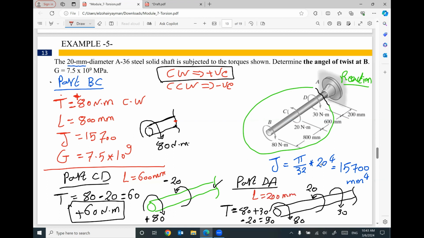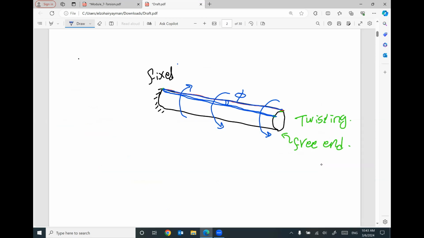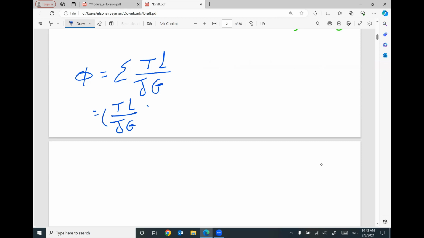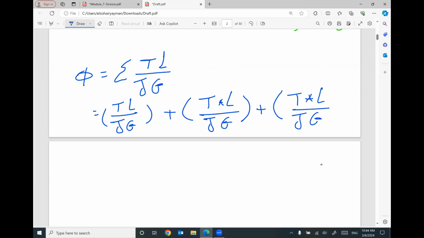We are looking for the angle of twist at the free end B. Keep in your mind, the angle of twist phi will equal the summation of torque times L divided by J times G for each part: T times L divided by J G for the first part, plus the second part, plus the third part.